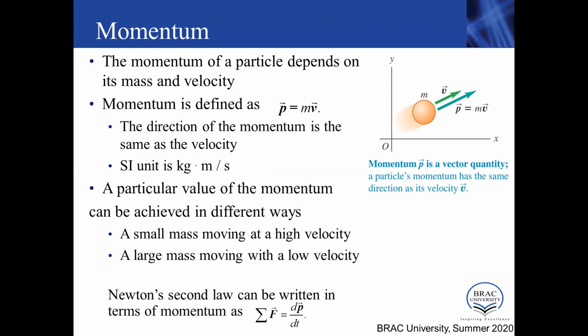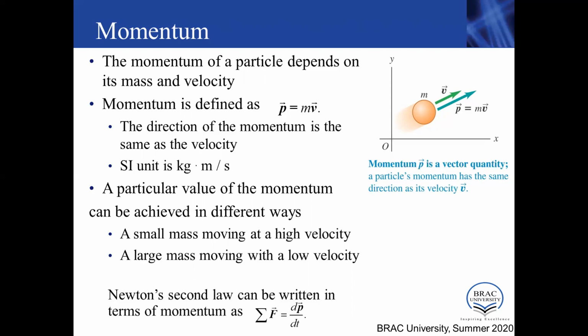The figure shows, in a two-dimensional xy coordinate system, an object with mass m moving with velocity v, and the direction of the velocity is given by the arrow. Then we can define momentum by this equation: momentum p is equal to mv. So the multiplication of the mass of an object and the velocity of that object gives the momentum.